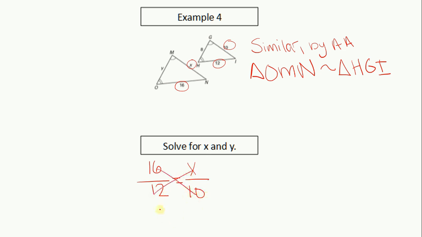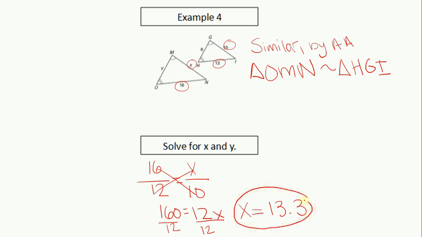Let's cross multiply. I'll get 160 equals 12x. Looks like I gotta divide by 12. What is that? Let me get my calculator here quick. I get 13.3 repeating, so I'm going to round to the tenths place, aka 1 decimal place. 13.3 would be my answer for x.